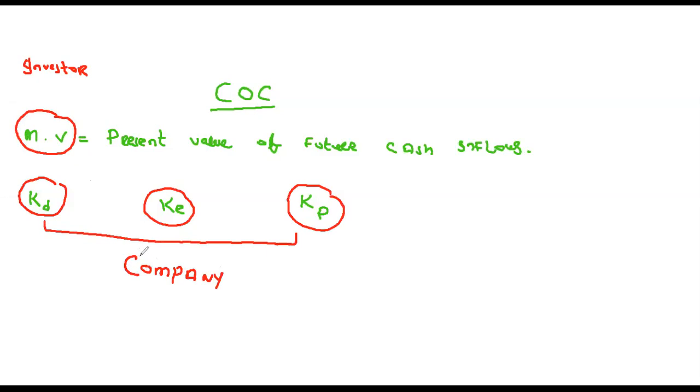As these costs are calculated with respect to companies, when the companies pay interest, that is a cost for the company, and upon this interest the companies get tax benefits. That's why we always take the after-tax interest as interest times (1 minus t).